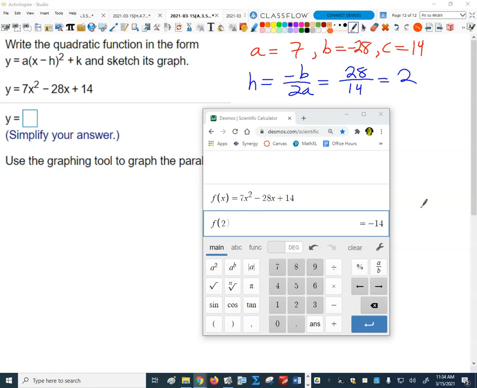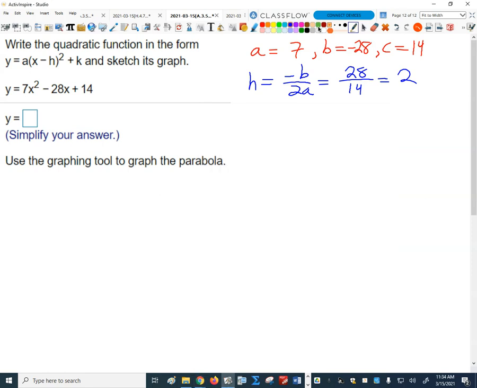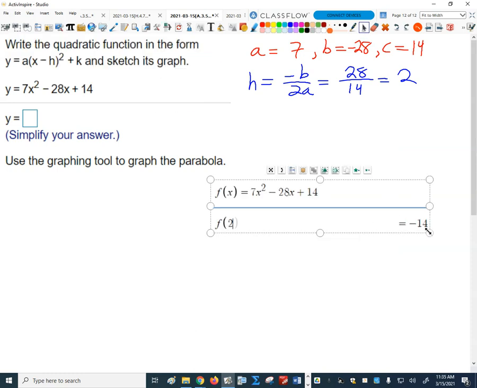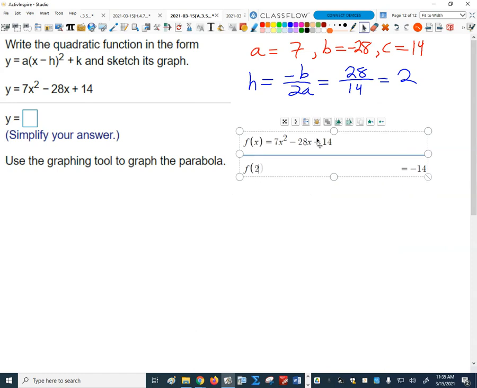All right, so we know K then equals negative 14. And we know A is 7.